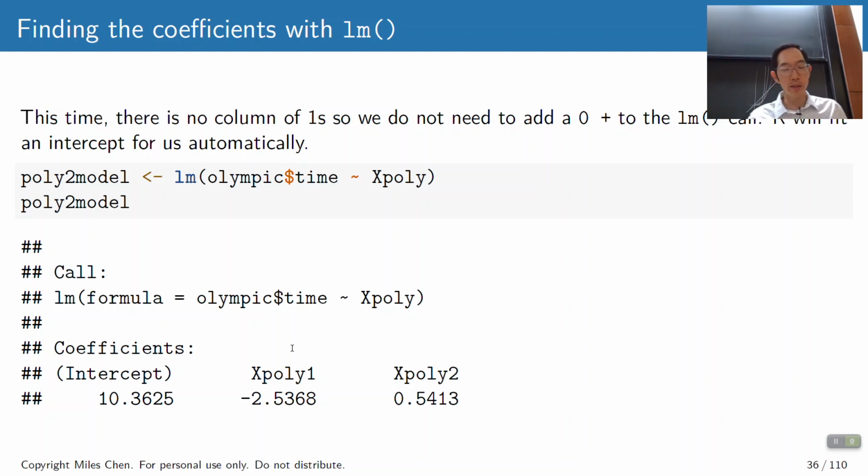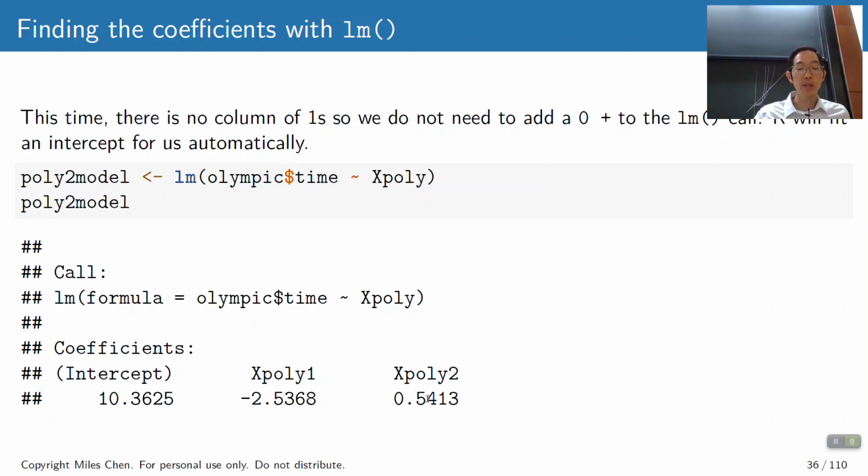Okay, but here I'm going to take the time variable, and I'm just going to go ahead and use lm because it's going to give us our coefficient estimates. Here we get the coefficient estimate for the intercept, and x poly 1 is going to be the linear component, and x poly 2 will be the quadratic component.